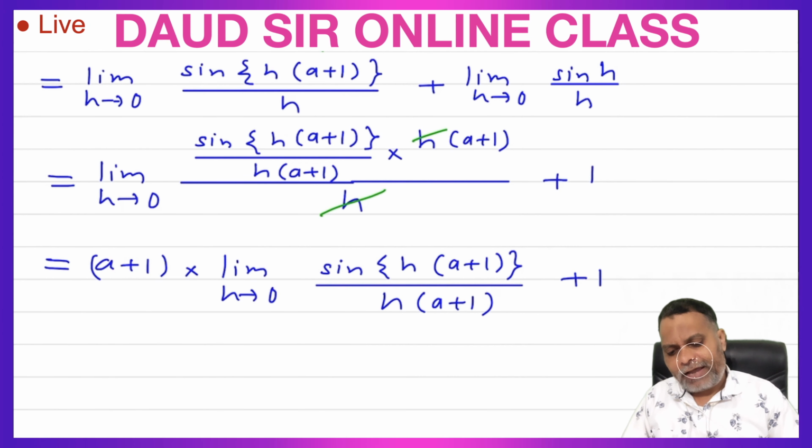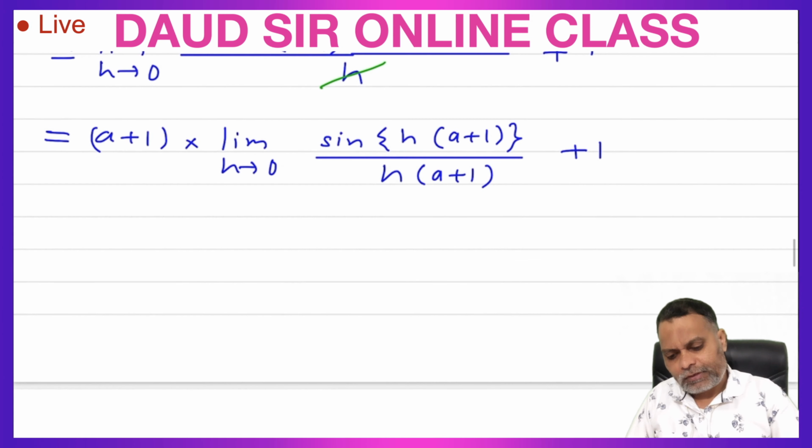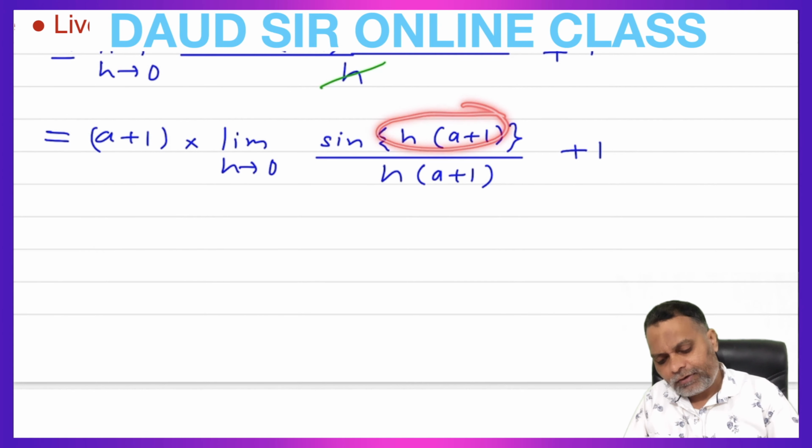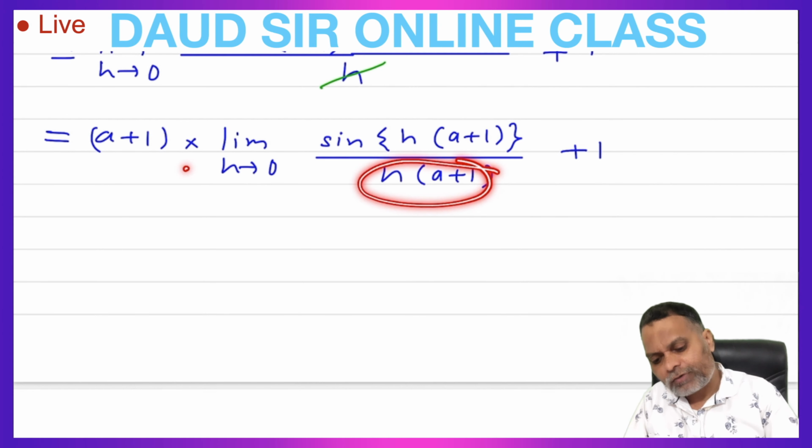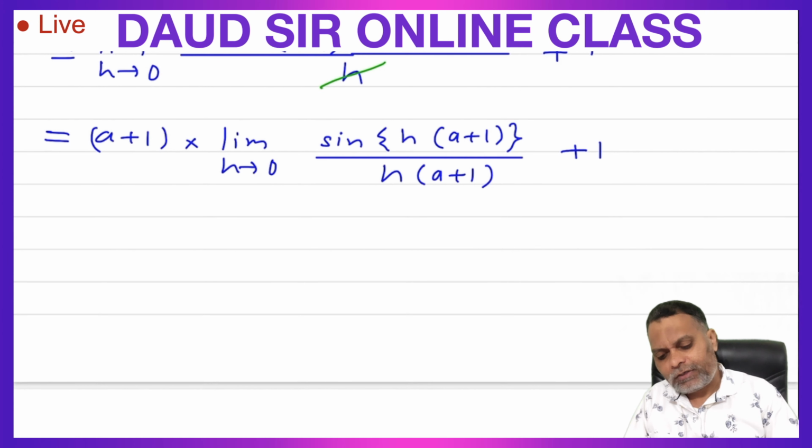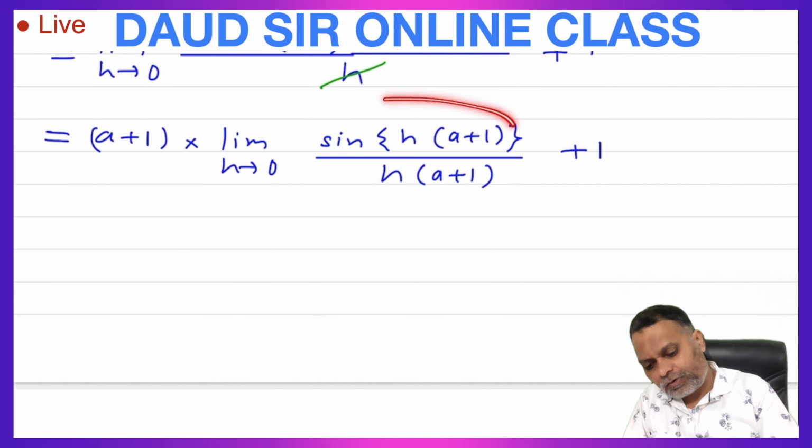Here the angle is h into a plus 1, and the denominator should also be h into a plus 1. So by cross multiplying, h into a plus 1 tends to 0, since h tends to 0. So directly we can write this whole quantity as 1.